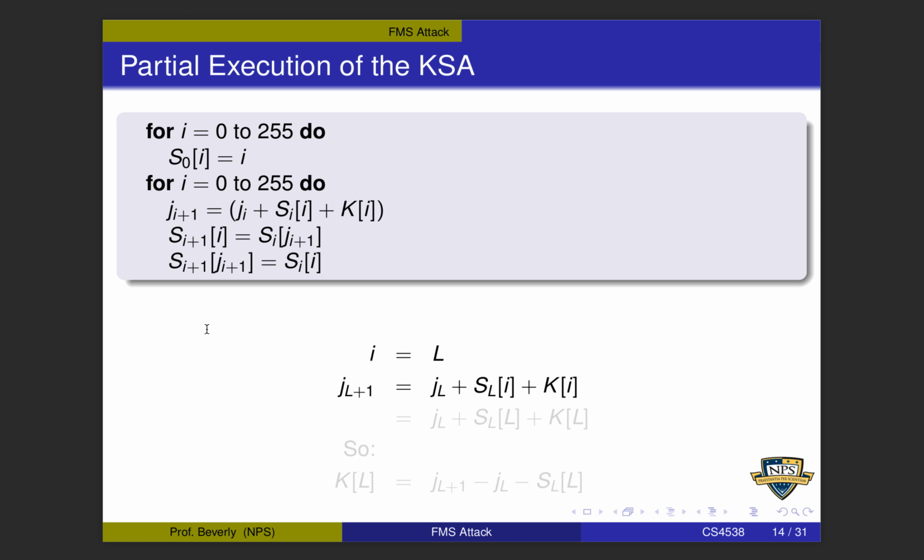The first thing that happens here is that I is equal to L, and then we want to update J. So J of I plus 1 is equal to J of I plus S sub I of I plus K of I. But of course, I is equal to L, so we can rewrite this as J of L plus 1 equals J of L plus S sub L of L plus K of L. And if we rearrange terms, we get K of L is equal to J of L plus 1 minus J of L minus S sub L of L.